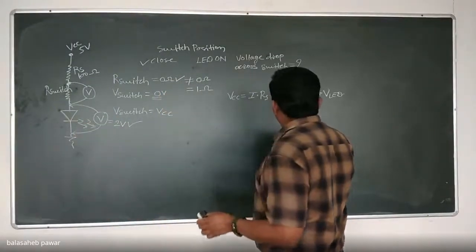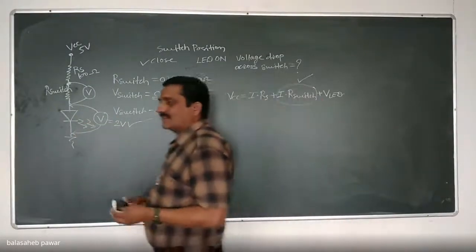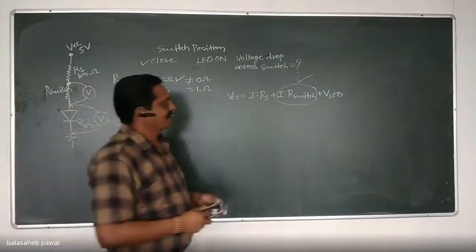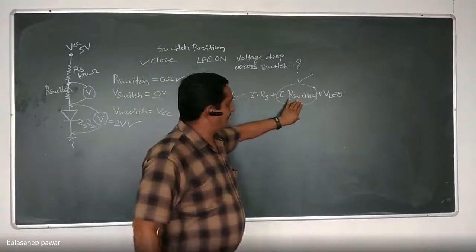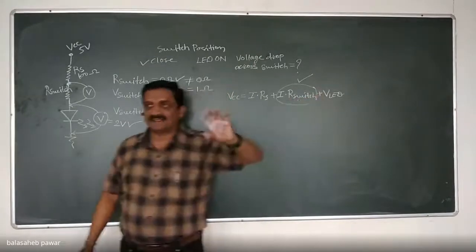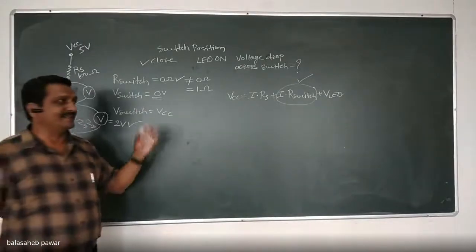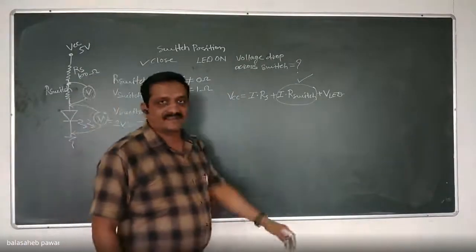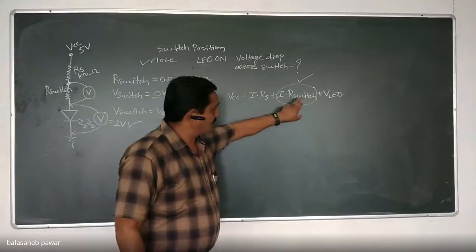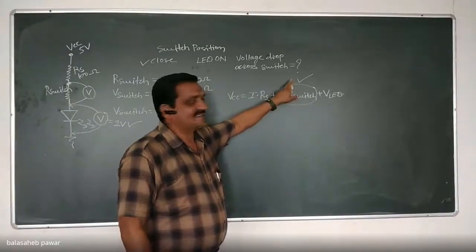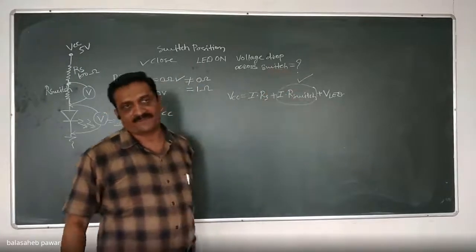If that switch has zero resistance, ideally it is considered as zero, then we can say the unnecessary voltage drop across that switch will get minimized to zero, correct? And if that switch offers somewhat finite resistance, then there will again be an unnecessary voltage drop.